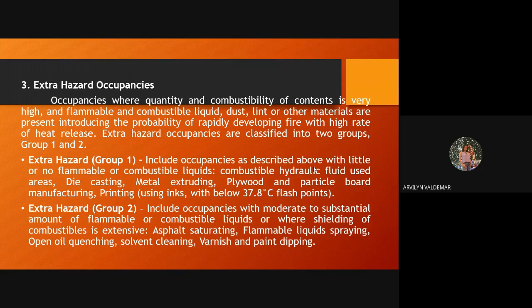Combustible hydraulic fluid use areas like die casting, metal extruding, plywood and particle board manufacturing. Next is group 2, which includes occupancies with moderate to substantial amounts of flammable or combustible liquids, or where shielding of combustibles is extensive. Asphalt, for example: asphalt saturating, flammable liquid spraying, open oil quenching.